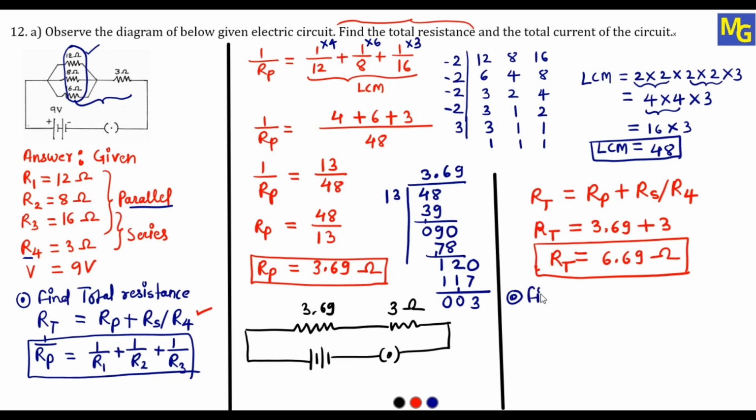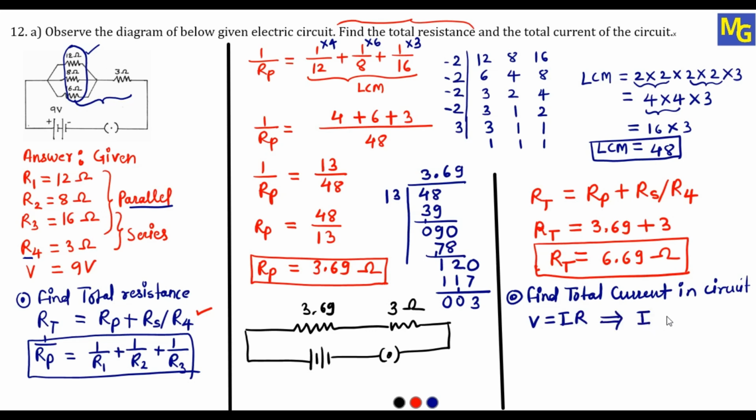Find total current in circuit. So here we are going to use a simple Ohm's law formula, and the formula is, V is equals to IR, and as we have to find out current, we will shift this R on the LHS side. So the formula will change.